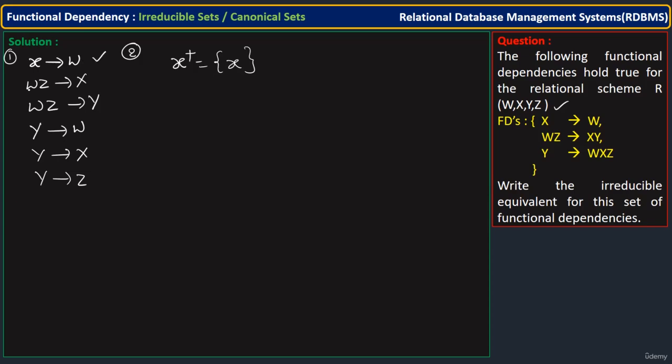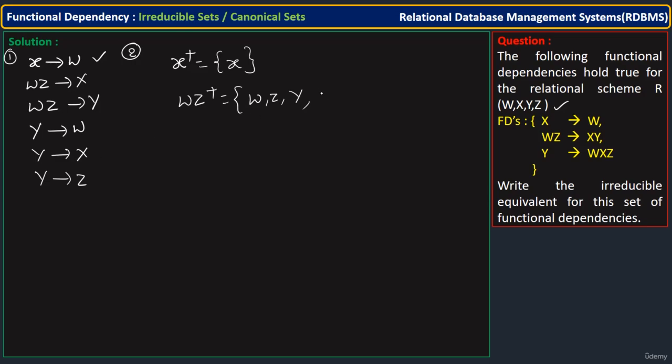Now let us go for the next FD, WZ closure. Even from the WZ closure, we must generate X, and let us see without having this FD. So without that, WZ is there, and it is generating Y. Y generating W, already there.